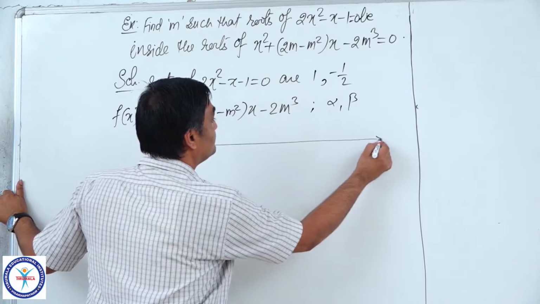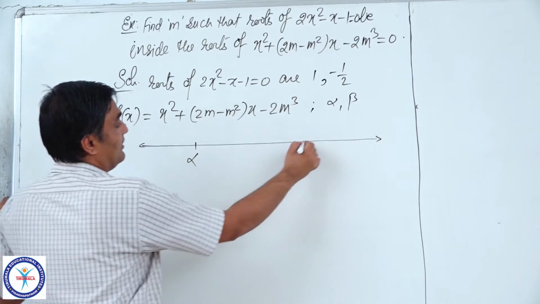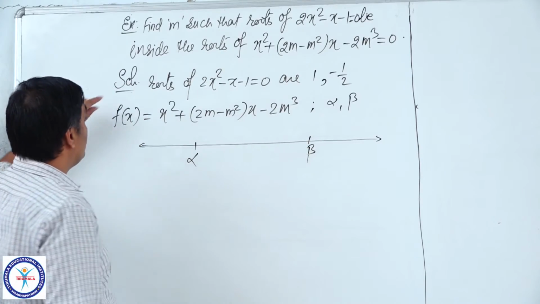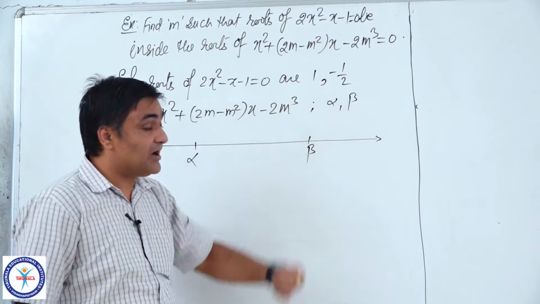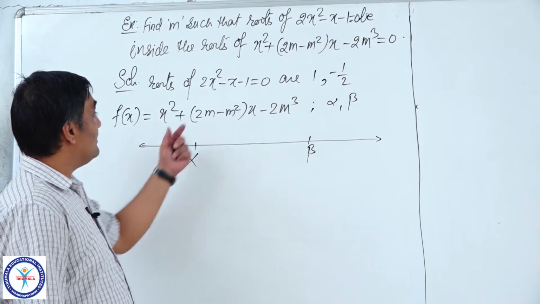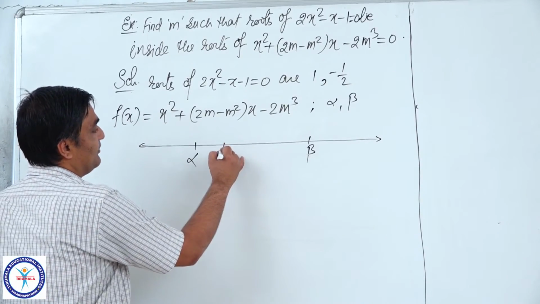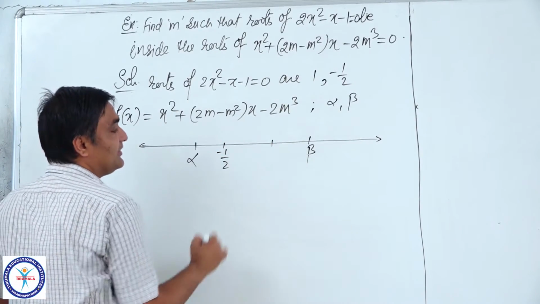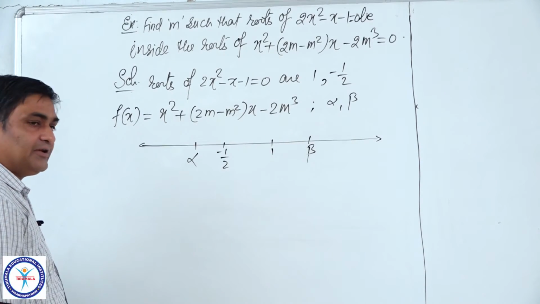Means what? 1 and minus 1 by 2 lie inside alpha and beta. So, it is minus 1 by 2, it is 1. Fine.